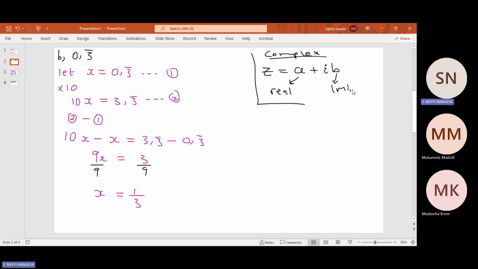Are we good? So the real is equal to the real and the imaginary is equal to the imaginary.